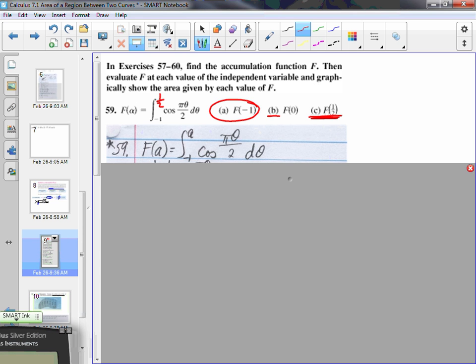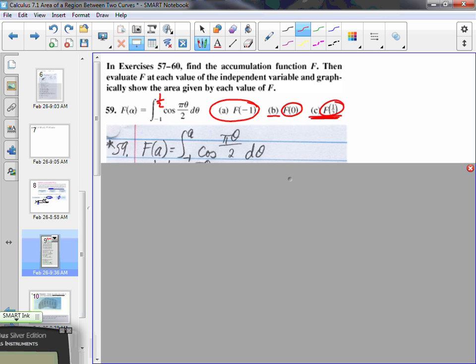But instead of doing it 2 separate times to do part B and part C, a better thing to do is to get a function that this integral represents. Then all we got to do is plug in a 0 and evaluate. That'll be easy. Plug in a 1/2 and evaluate. That'll be easy. And by easy, I mean easier than working an entire definite integral problem.